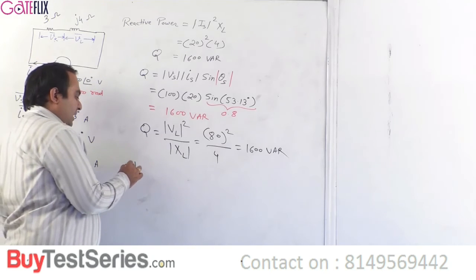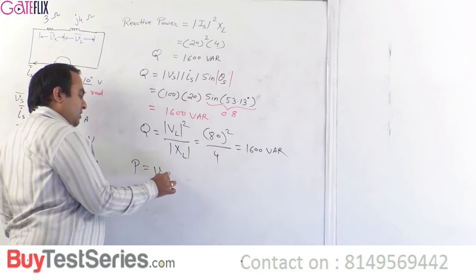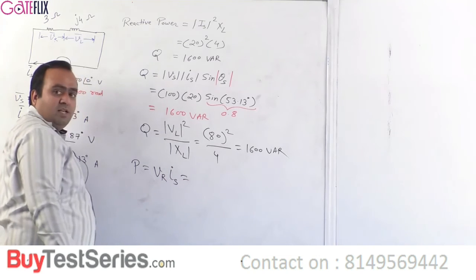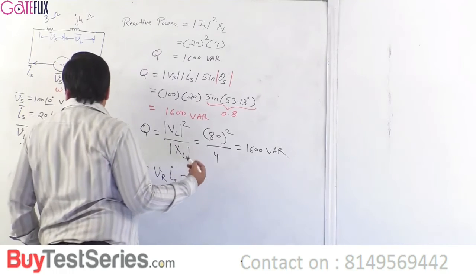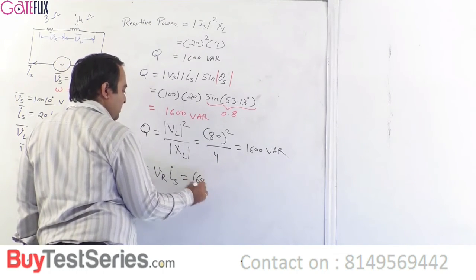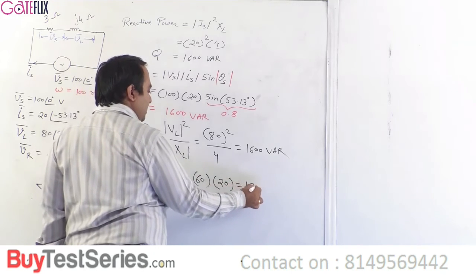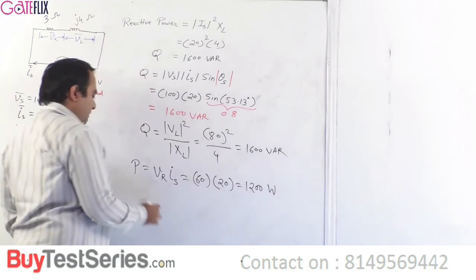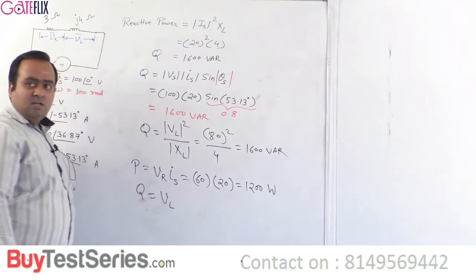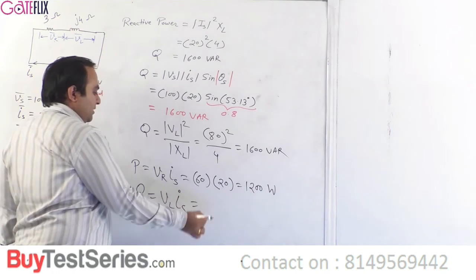One way of calculating the active power, which I did not mention earlier, is voltage across the resistance into current through it. What is the voltage across the resistance? Voltage across the resistance was 60, and what is the current through the resistance? 20. So it is 1200 watts. For Q, it is the voltage across the inductance multiplied by the current flowing through the inductance.